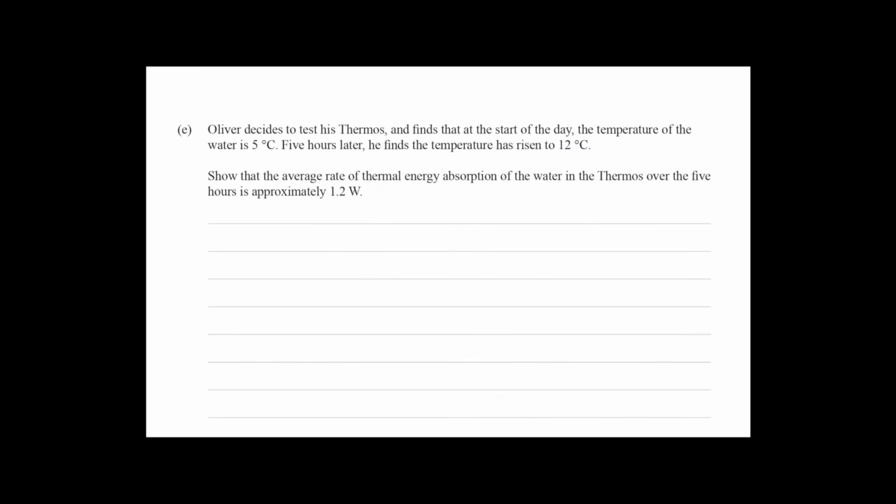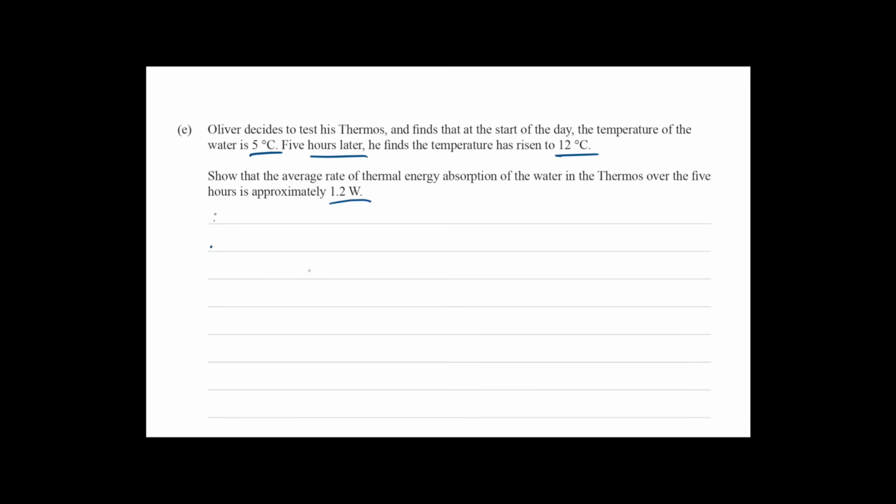Next question says that Oliver decides to test his thermos and finds that at the start of the day the temperature of the water is 5 degrees Celsius, and 5 hours later it's risen to 12 degrees Celsius. Show that the average rate of thermal energy absorption of the water in the thermos over the 5 hours is approximately 1.2 watts. All right, first thing we need to do is work out what our variables are.